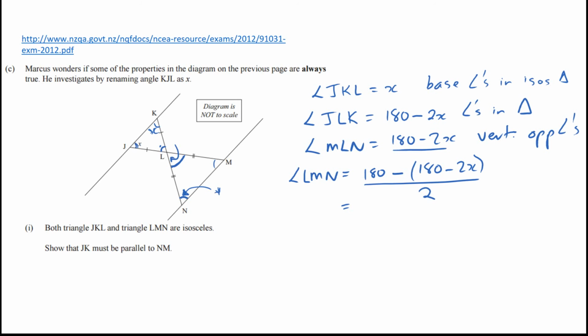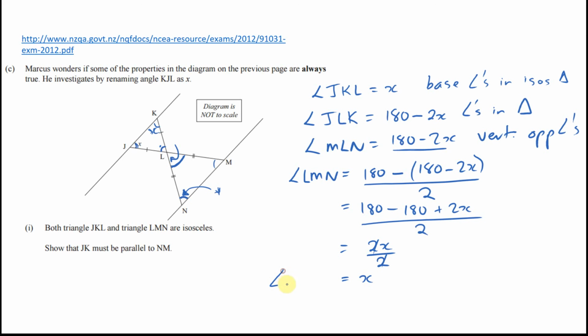So we just need to simplify a wee bit. If we just rewrite that top line like this, 180 minus 180, then we've got minus 2x, which is plus 2x, all over 2. So 180 minus 180 is 0. We just leave a 2x on the top, divided by 2, which is just x.